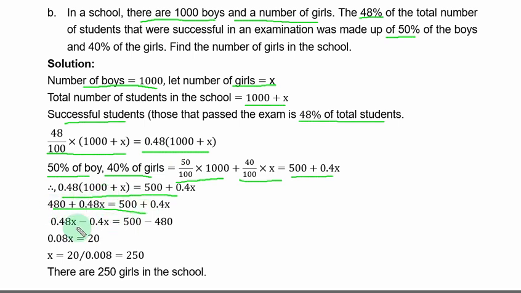Next thing is to collect like terms in this form. When you subtract, you have this result. To get S, number of girls, divide through by 0.08. That gives 250. So therefore there are 250 girls in the school.